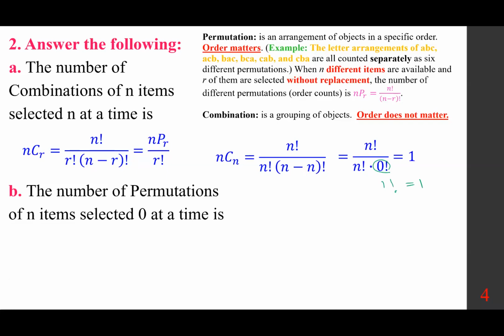If we go through the formula, the number of permutations of n items selected 0 at a time. Generally speaking, here's the formula: nPr is n factorial over n minus r factorial. In this case, n is n and r is 0.